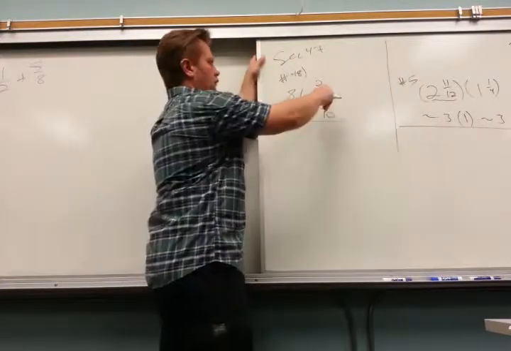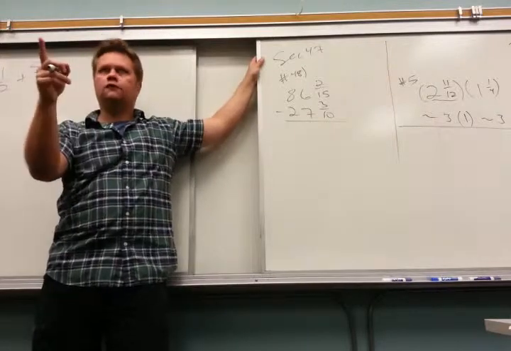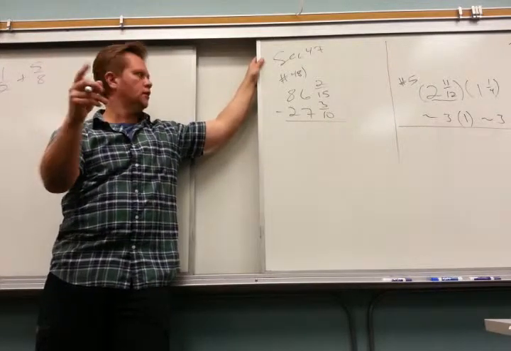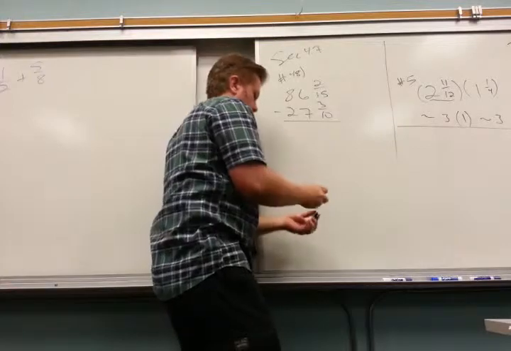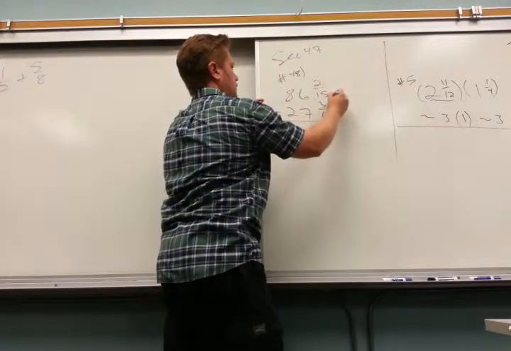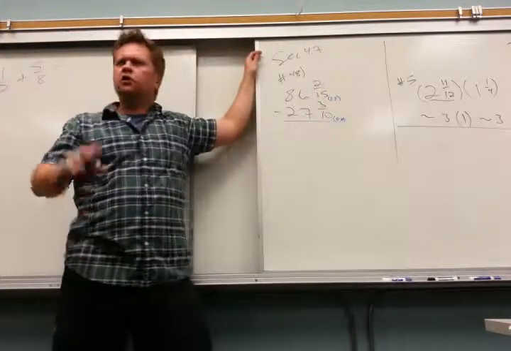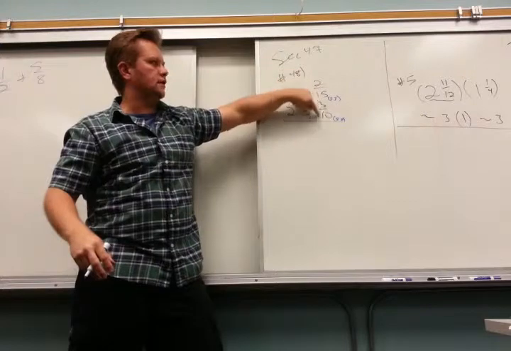So what do I really have to do first before I can do anything with these? Find the same denominator. Good. Find the LCD. Right? 15 is 5 times 3, and 10 is 5 times 2. So you can do it that way, but this is not too hard to see.